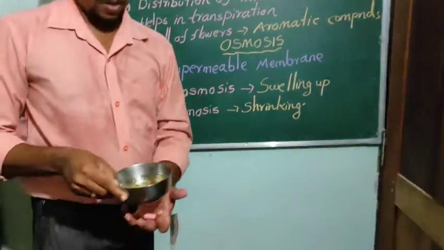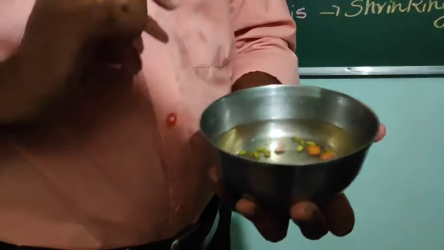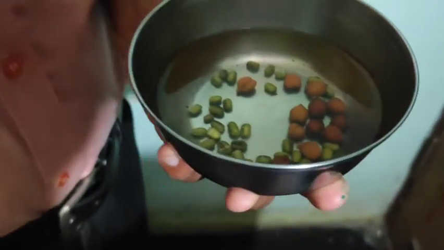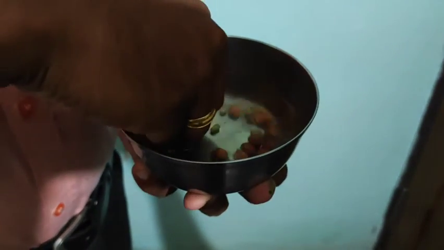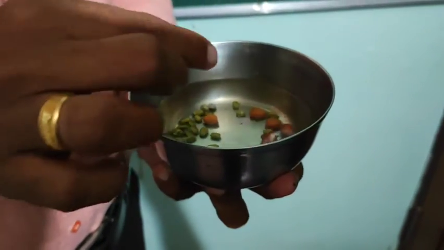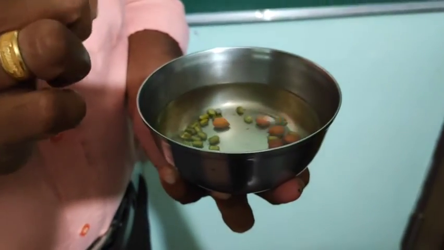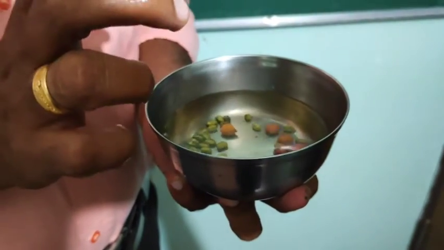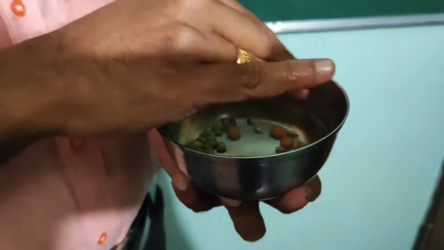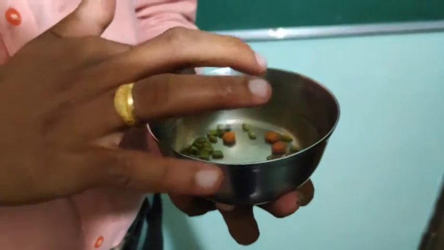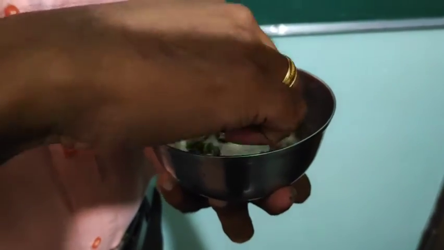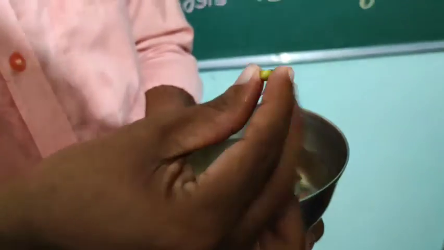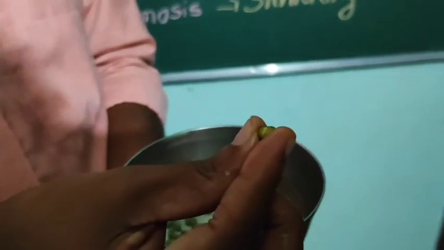Here in this solution you can see some seeds. This solution is water. Inside the seed the amount of water may be less than outside, so in the outside medium there is more water. The water may enter into the seed from the outside medium.